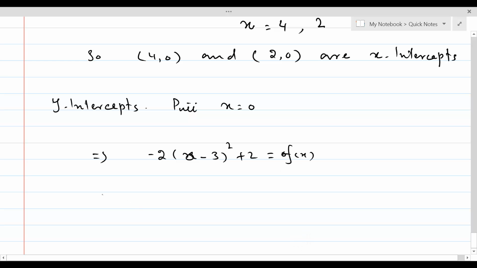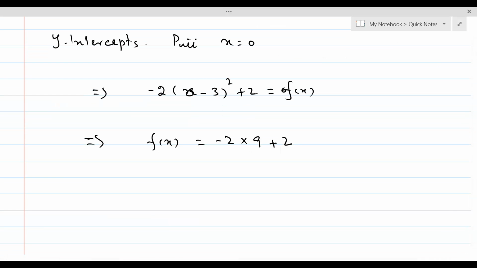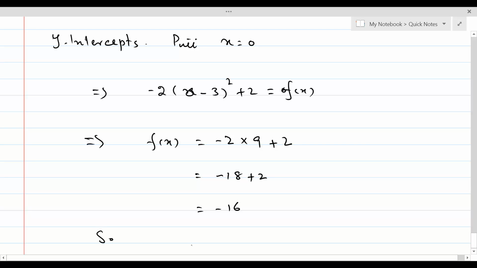So f of x equals minus 2 times 9 plus 2, which is minus 18 plus 2, equal to minus 16. So the y-intercept is (0, -16).